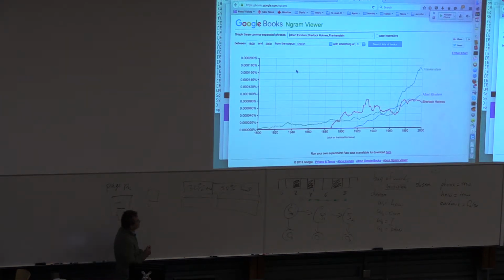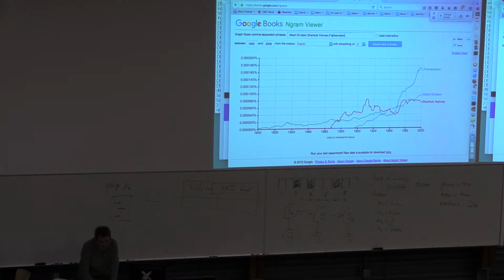What they're doing here is plotting, when you go to their page, you have Frankenstein, how many times Frankenstein is used in a book from 1800 to 2000, Albert Einstein and Sherlock Holmes, and how often they appear in books. Okay, let's use it up to 2008.